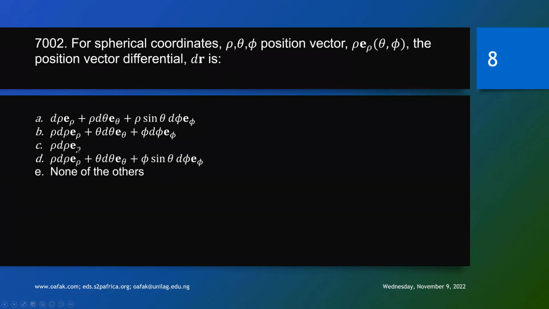It is not. It is simply d rho E rho plus rho d theta E theta plus rho sin theta d phi E phi. And we have spent some time in the earlier part to actually go through this computation. This is a question already on your database, so you might face it in a final exam or in your self-test.